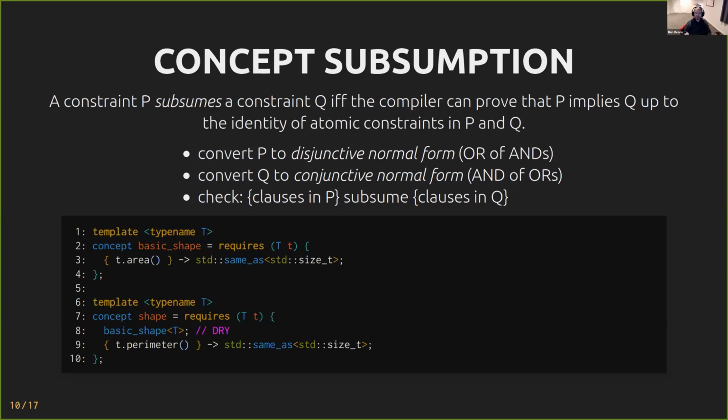So the important part here is up to the identity of atomic constraints, because what we've written here for basic shape, these requires constraints, the compiler can't look inside them. They're atomic. And that's what went wrong here.